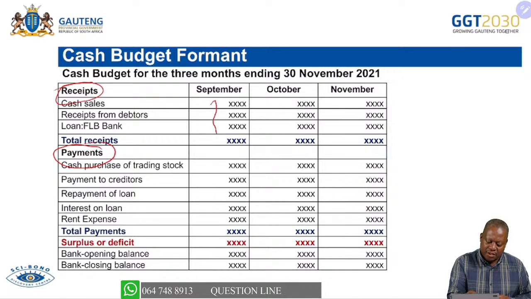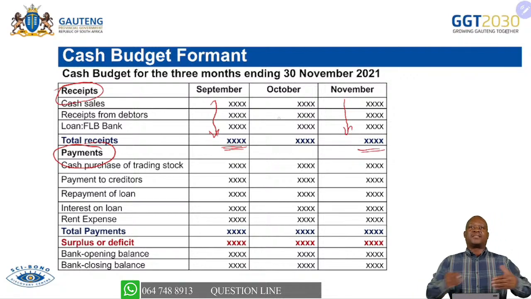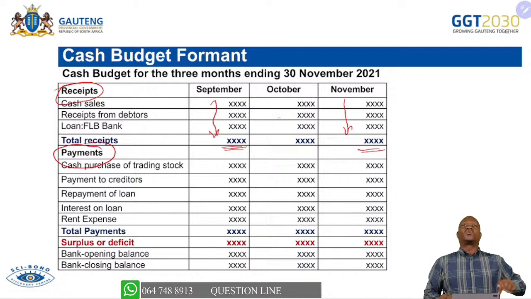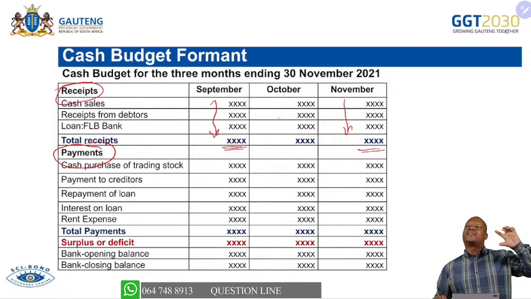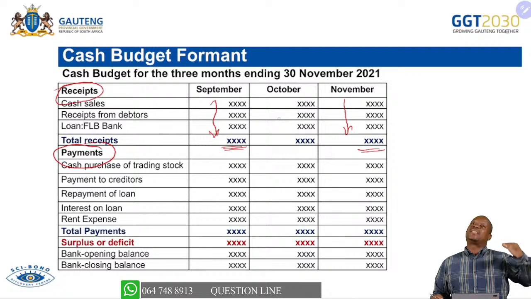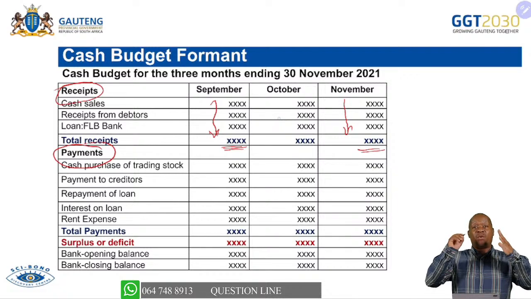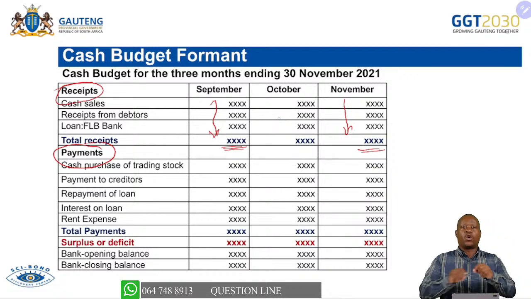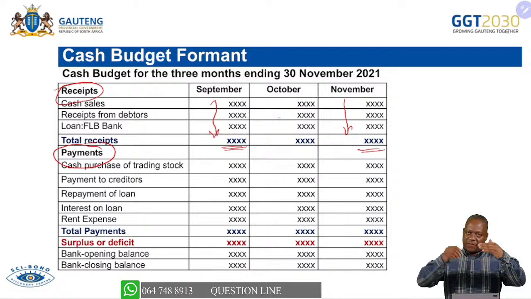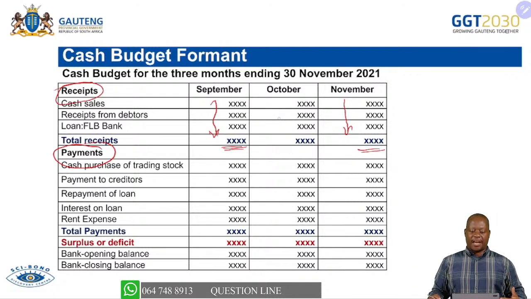We add these three figures to get our total. In November, we add these three figures to get our total. So wherever, we are just adding the three figures of receipts to get our total. Every time, you are supposed to have a receipts section, have items that represent our receipts, and when you add them together, they give you your total receipts. First part of your cash budget.